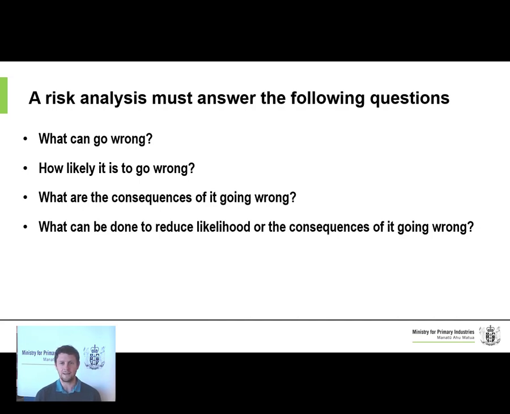Obviously, you buy a Holden or a Toyota to reduce the likelihood of something going wrong. But in the vehicle example, these are the kinds of assessments you're making when you're looking to purchase a vehicle, or taking advanced driver training, or looking to keep within the speed limit to reduce the likelihood or the consequences of a car crash, for example, taking place.